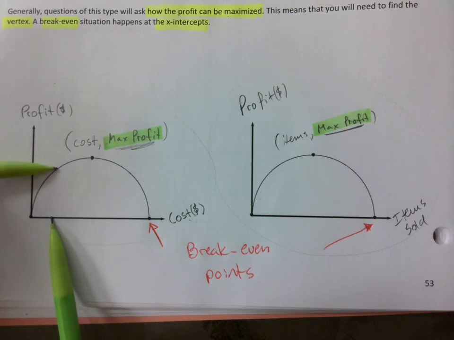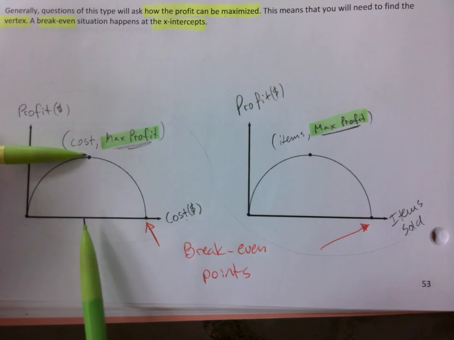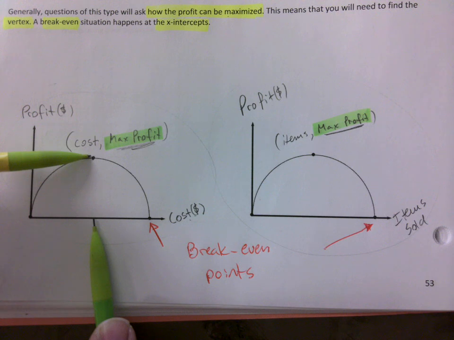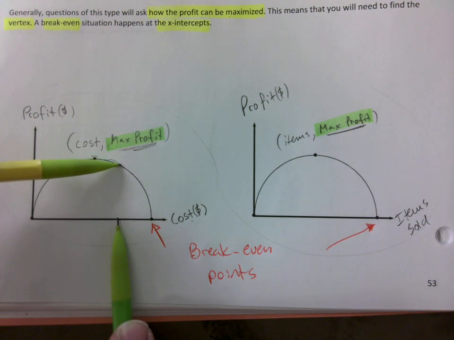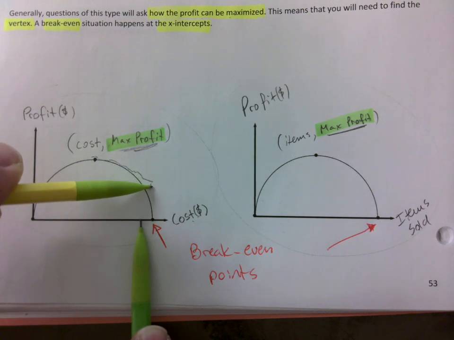So let's do them side by side. You keep increasing the cost of the toilet paper until you get to the point where you get the maximum money as a company. But what starts happening if you start charging too much, more than this point right here? Your profit actually starts going down. Why is that? Because you're going to sell less.